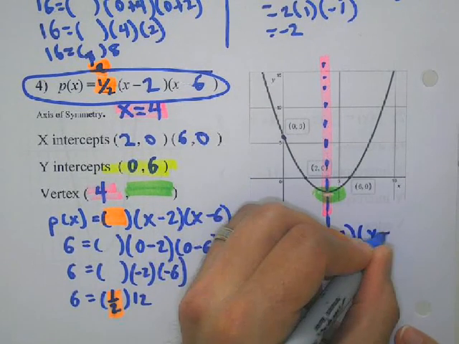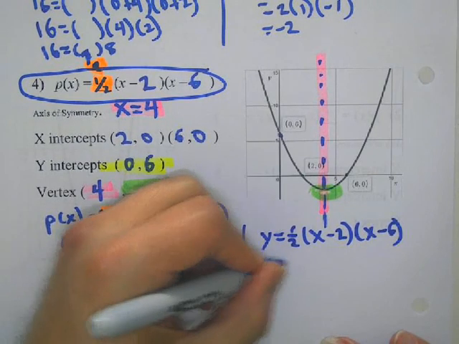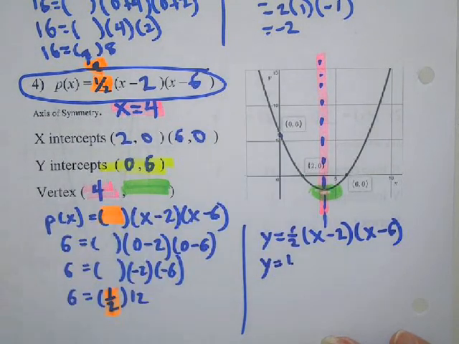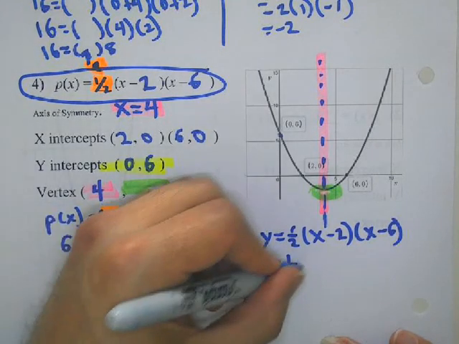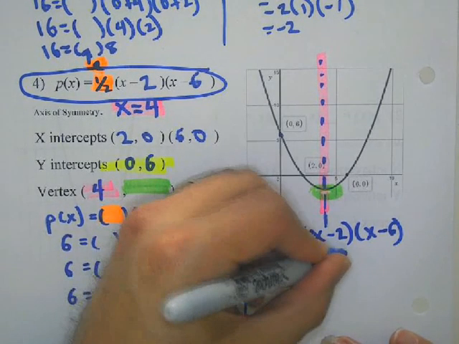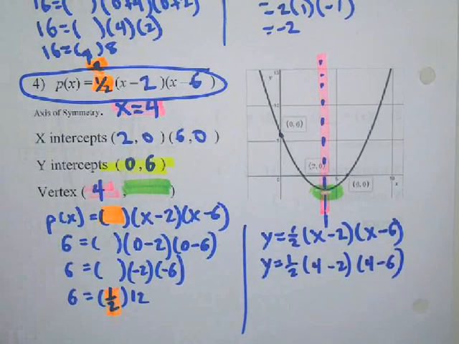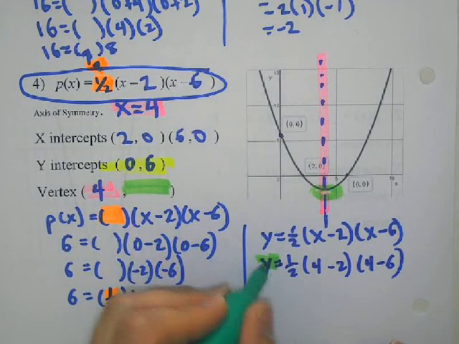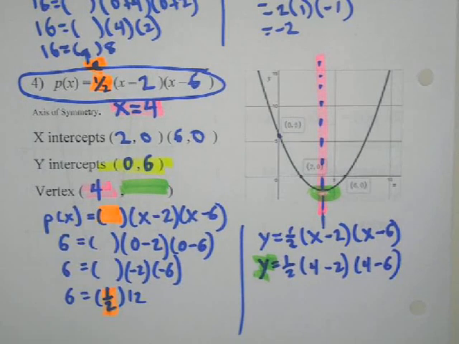Okay, and we're going to get y equals... yes, we're looking for y. 1/2, and we're going to replace x with 4, because we're trying to find the y value of the vertex, and the x value is 4.